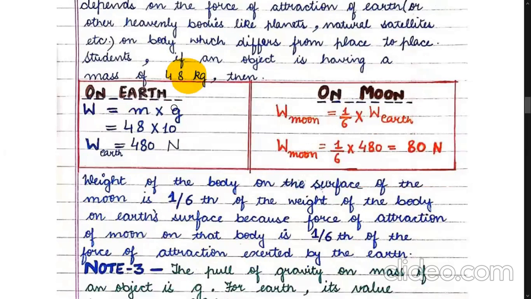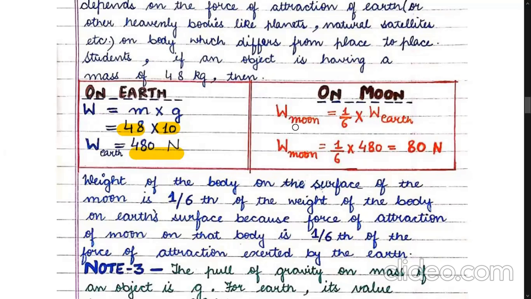What does it mean? Suppose we have an object whose mass is 48 kg. What is the mass of the object? The mass of the object given to us is 48 kilogram. Then its weight on Earth will be mass multiplied by acceleration due to gravity on Earth. That is 10. So 48 multiplied by 10, 480 newtons.